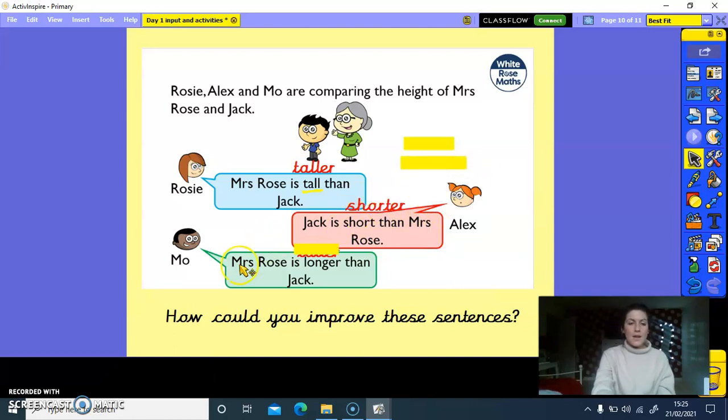Fantastic. Finally, when talking about height, remember, Mo says Mrs. Rose is longer. Would we use the word longer when we're talking about height? No, we would use longer when we're talking about length. So what did Mo want to say? Not longer, he wanted to say taller. Mrs. Rose is taller than Jack.